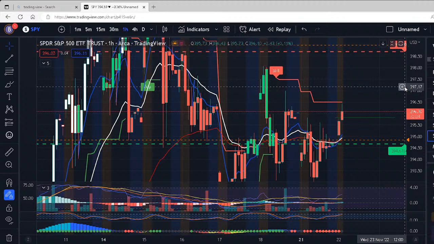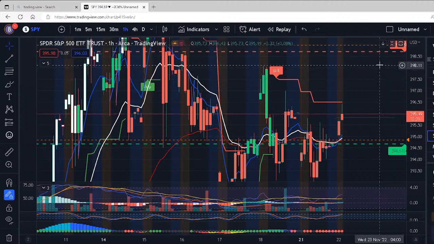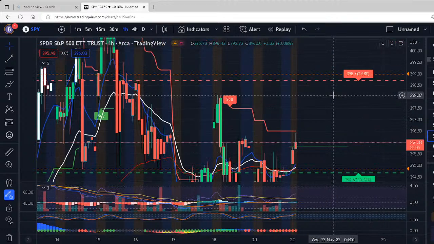The second price target will be 398.11. And the third price target, for the call side, will be this resistance right here at 398.70.